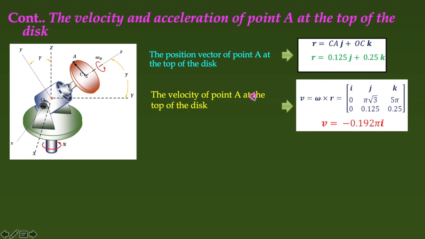To obtain the velocity, we know the relation V equals omega cross r. Substitute omega, which we calculated in the last slide, and this is the r. Going through the cross product, we get the velocity as minus 0.192 pi i.